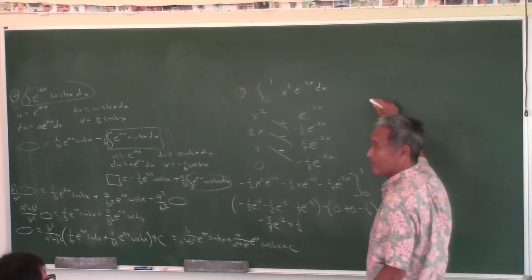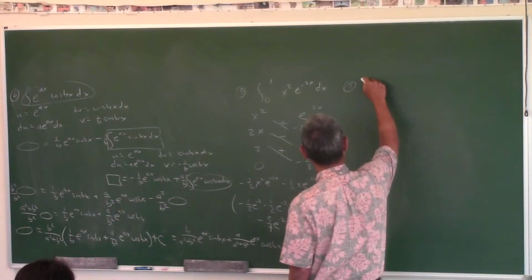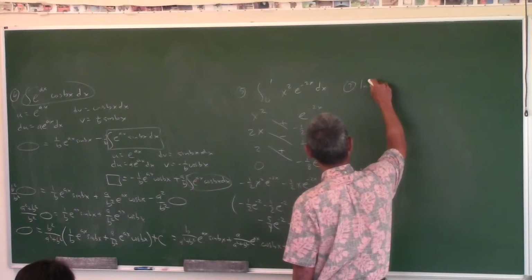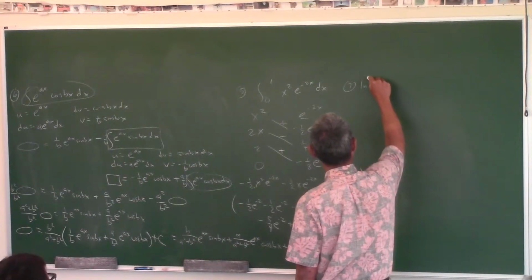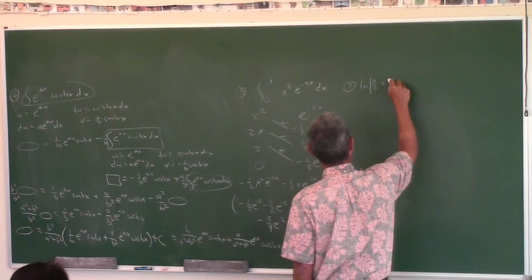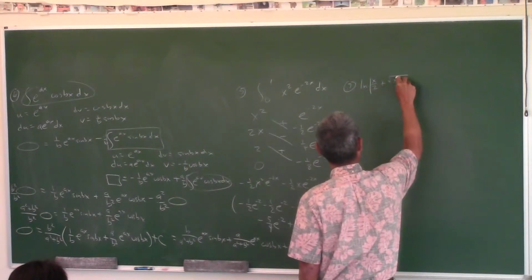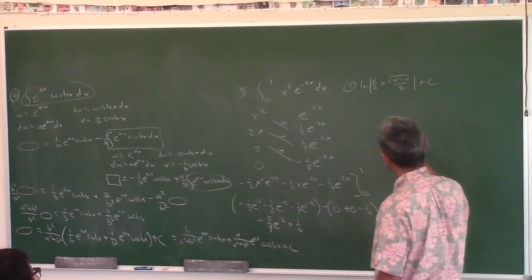Okay, Cho, tell me your answer for number 7 and let's see if everybody else agrees. Natural log of x over 2 plus the square root of x squared minus 4 over 2, and then plus c. Jason, you got that too?